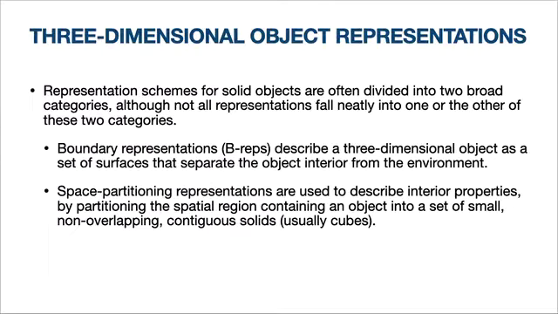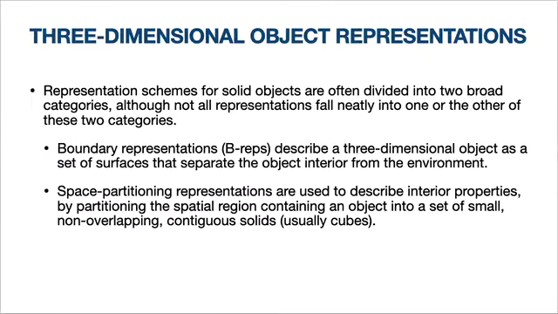The boundary representation describes a three-dimensional object as a set of surfaces that separate the object interiors from the environment, and space partitioning representations are used to describe even the interior properties by partitioning the spatial region containing an object into a set of small non-overlapping contiguous solids.